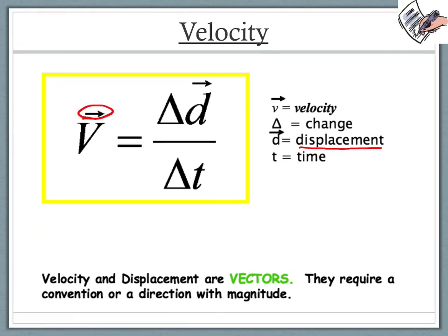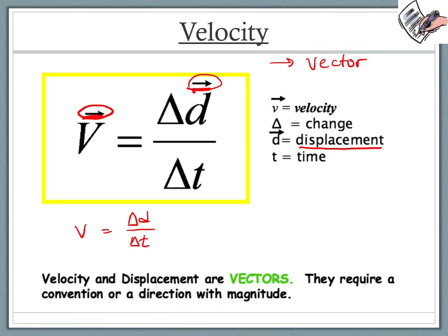Okay, so a few weird things here. Maybe you're noticing these weird little arrows on top. That means that it is a vector. So when you see that arrow on top of something, that's telling you that it's a vector. Okay, because here's the annoying thing, the equation for speed looks exactly the same. Right? What's the only difference? It doesn't have these little arrows on top.